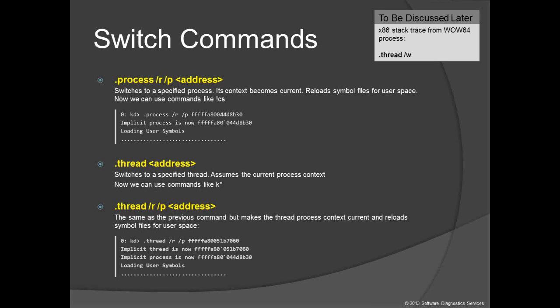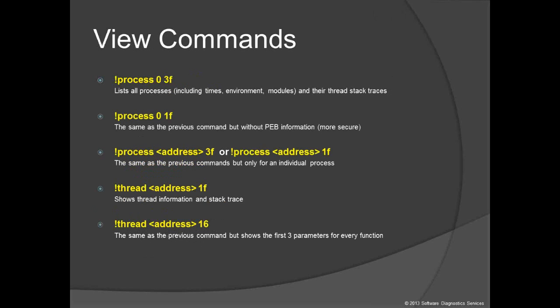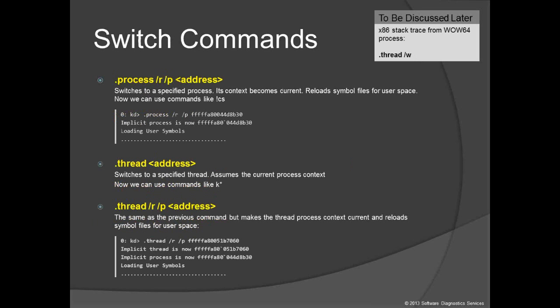And so, switch commands. For example, after using view commands, if we use the first command that lists all processes and we have this saved in a log file, and then we want to examine a particular process or thread, then we need to use switch commands.